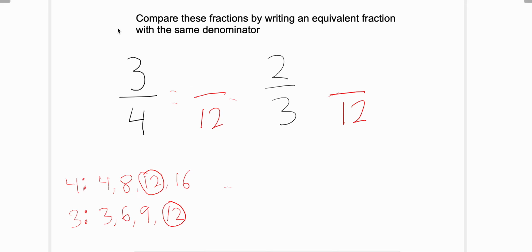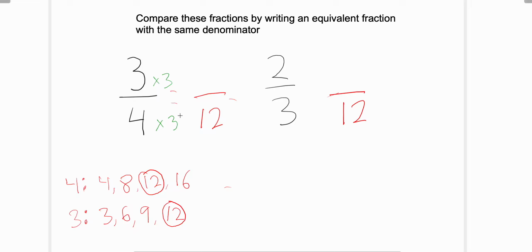So now I'm going to think about how did I get to 12. So let me see. 4 times what gave me 12? So I know that 4 times 3 gives me 12. Whatever I do to my denominator, I have to do to my numerator.